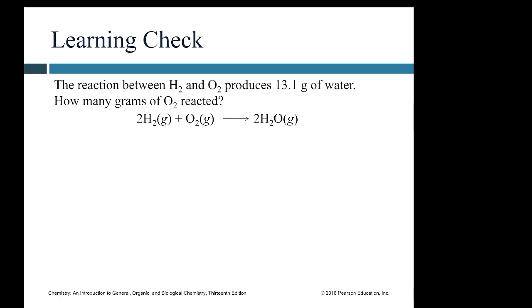And so, again, we have grams of water here. We want O2, and so we're going to be taking that mole to mole ratio of O2 versus water, right? And then what's the final step here? We want to be in grams of O2, right? Molar mass of O2. Yeah, you got it.